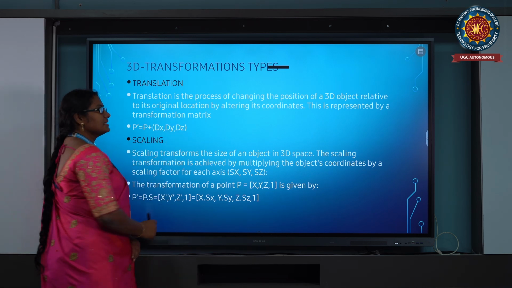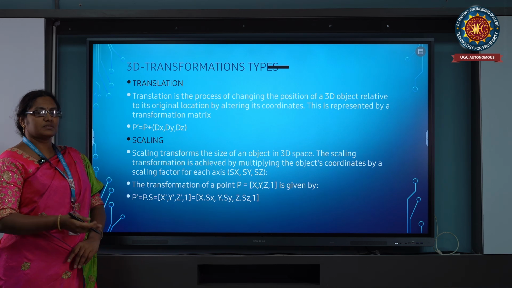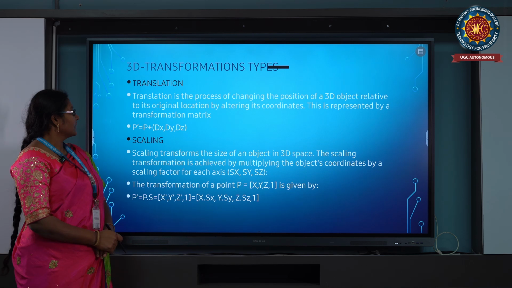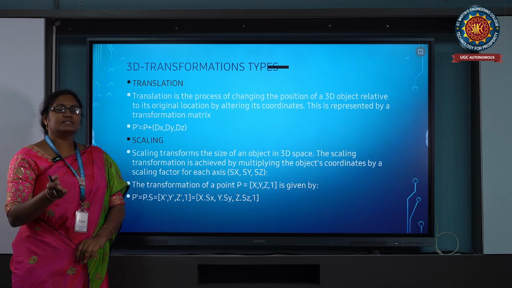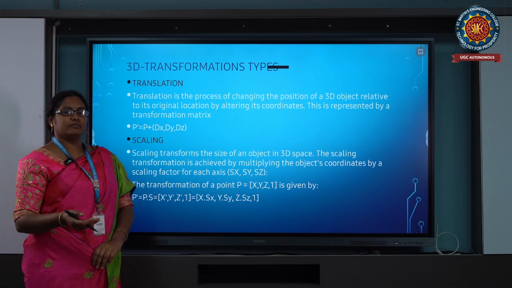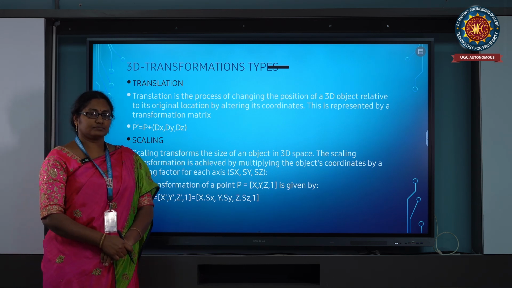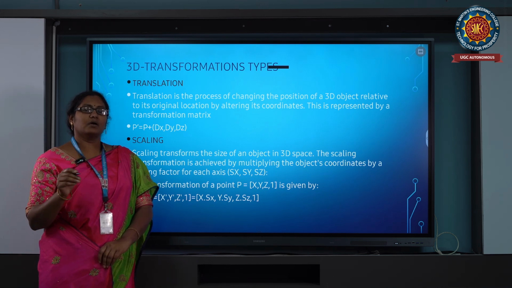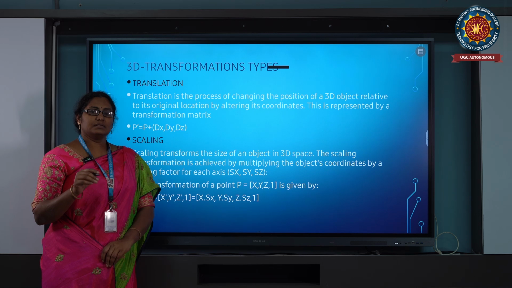So what is translation? It is the process of changing the position of the 3D objects in a 3D plane. Okay, what is the difference between 2D and 3D? In 2D we use direct vector objects, like circles, polygons, rectangle, ellipse.